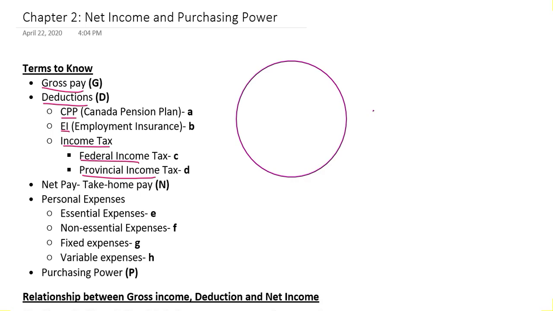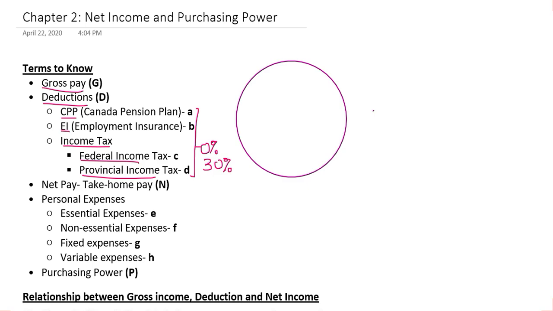All these deductions approximate between 0% to 30% of your gross income.